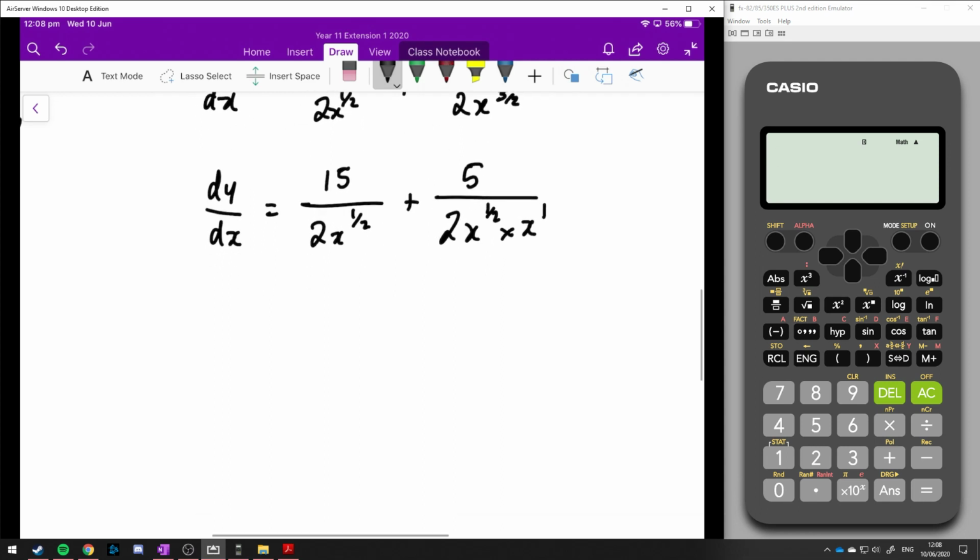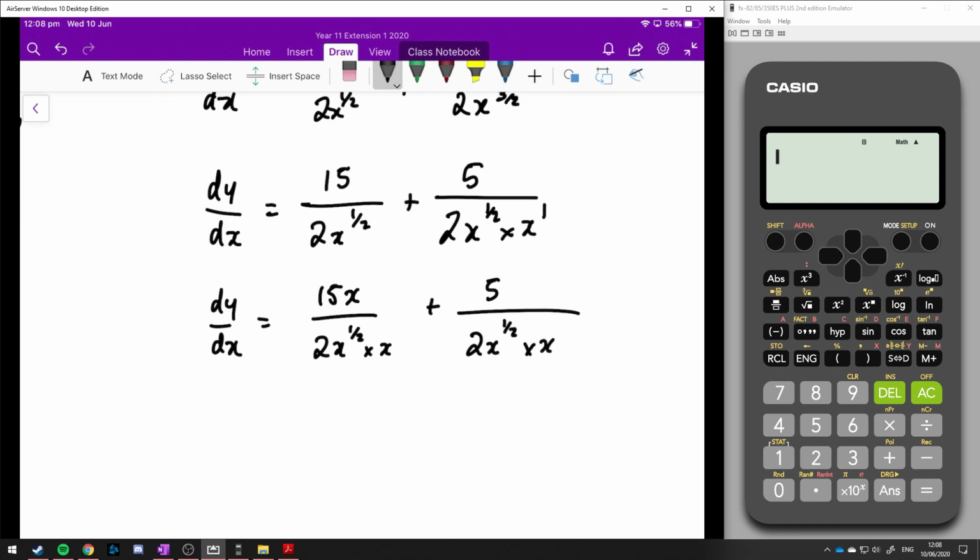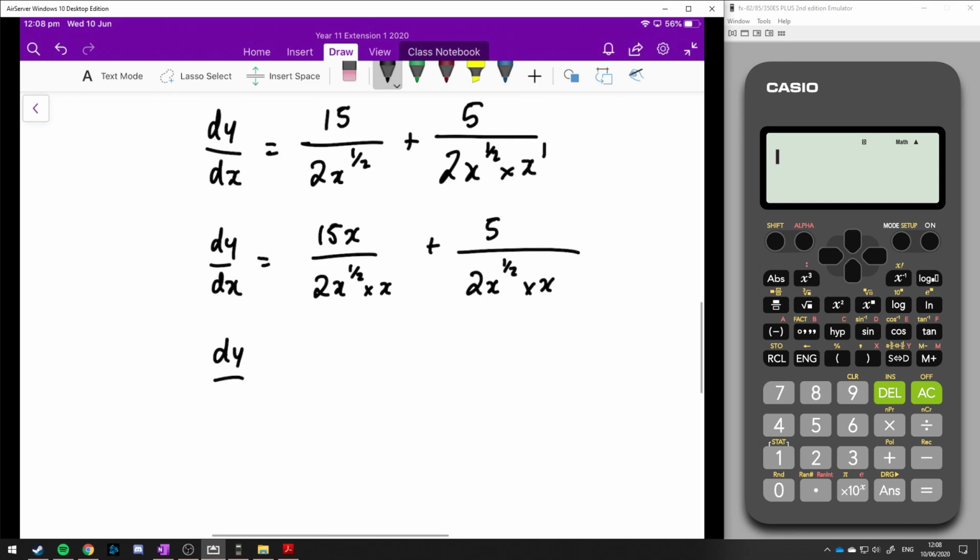Okay, so to do so, I need to multiply the left fraction by x on the top and on the bottom, just so I get those denominators the same. So dy/dx is going to be 15x over 2x to the half times x, plus 5 over 2x to the half times x. Now that I've got that, we can make the denominator the same.